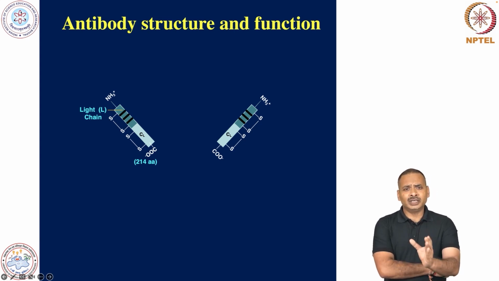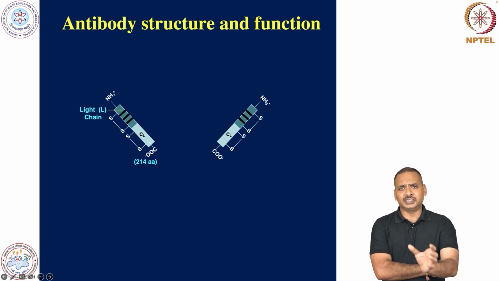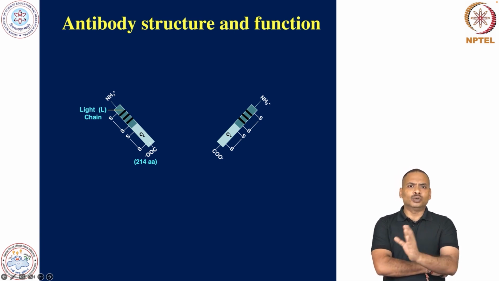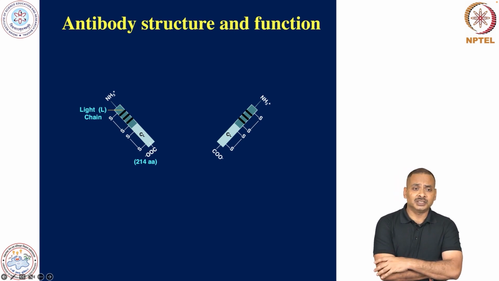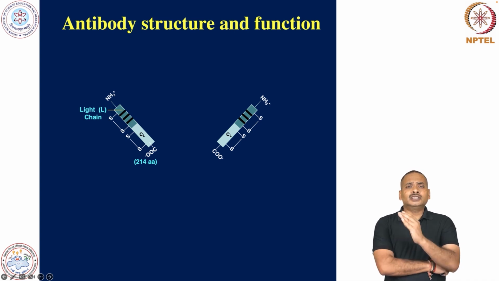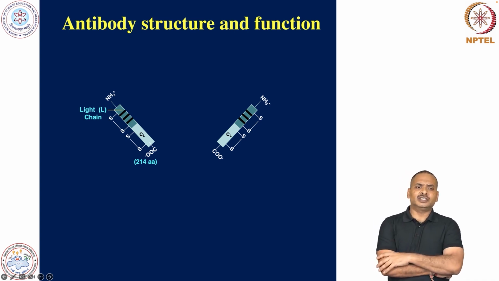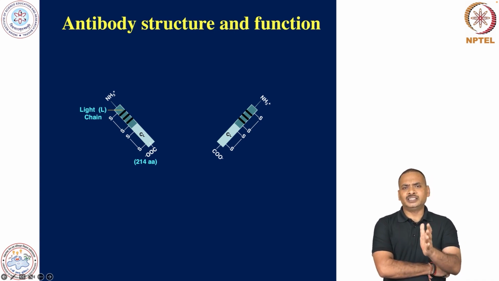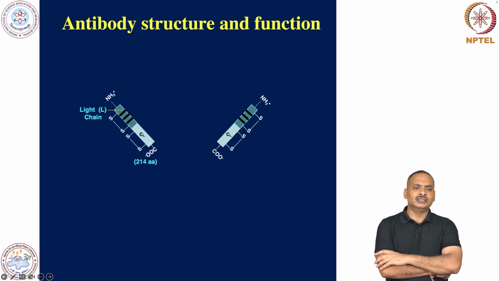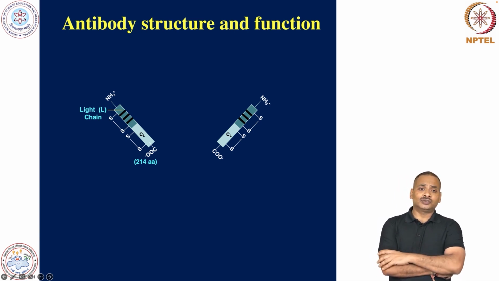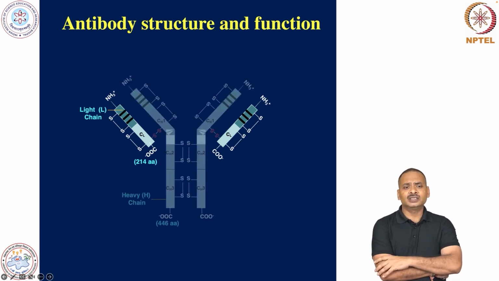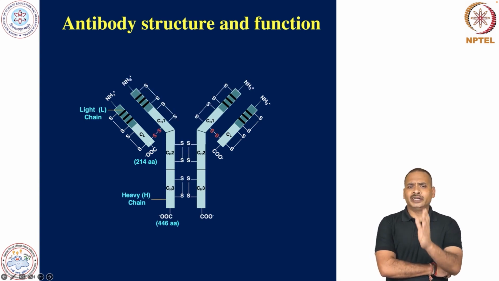This is mainly immunoglobulin G; the structure more resembles immunoglobulin G. This immunoglobulin G has two light chains, which you can see here, each consisting of 214 amino acids, and two heavy chains.